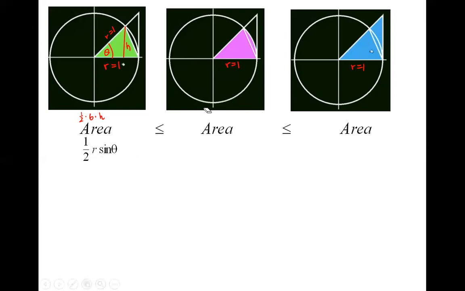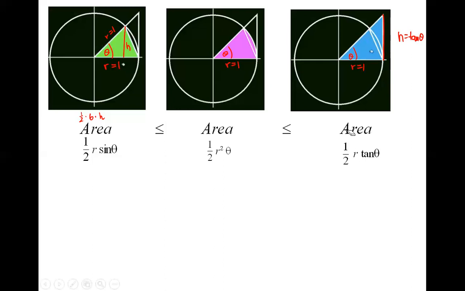The middle part is just the area of the sector of the circle, 1/2 radius squared theta. That's the formula. Of course, this is theta. And the big triangle, we also need 1/2 times base, which is the radius, times height. But in this case, if this is theta, my height could be defined as tangent theta.